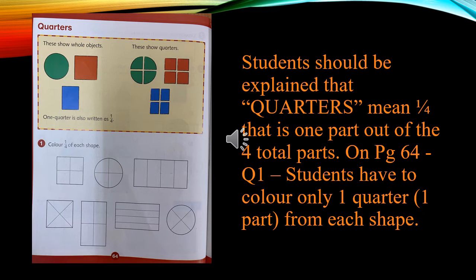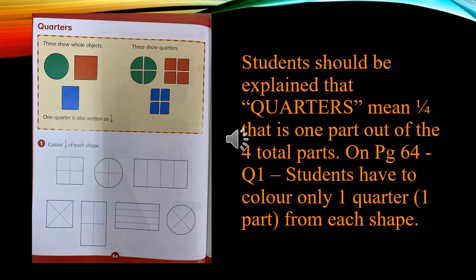Now take one part out of it. When you look at this part, this is your quarter. Say it with me. It is your quarter. Quarter. So, from one full paper, one whole, when you make 4 parts, it's called a quarter.